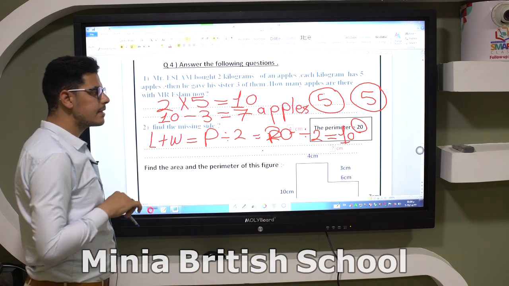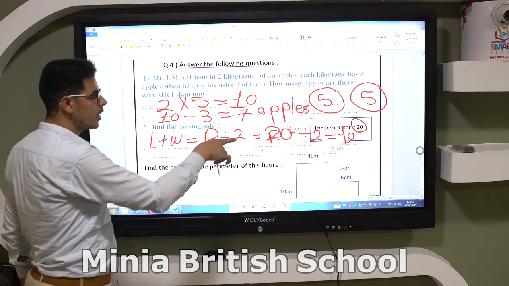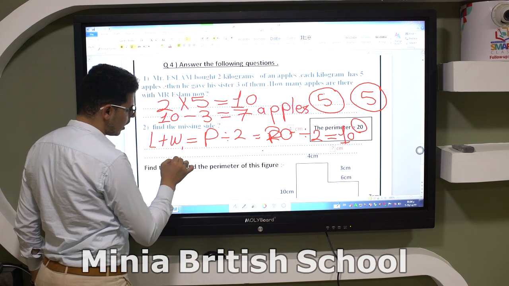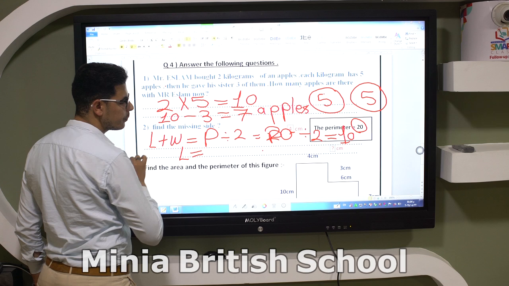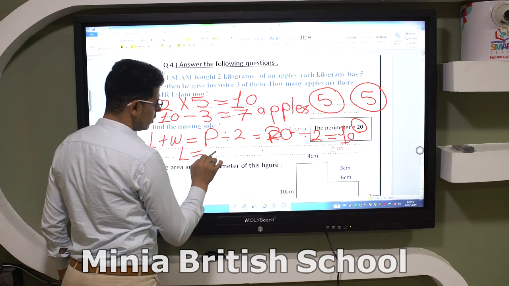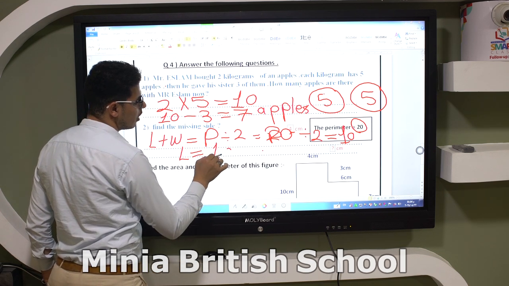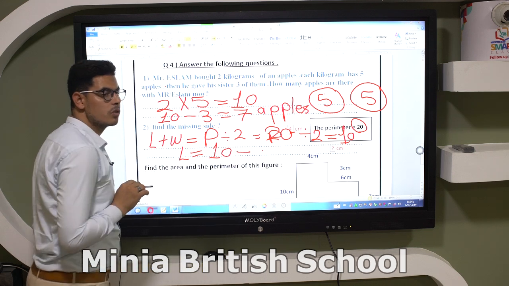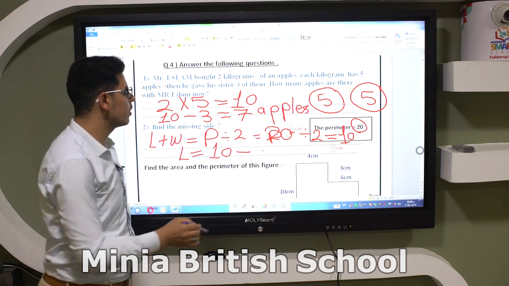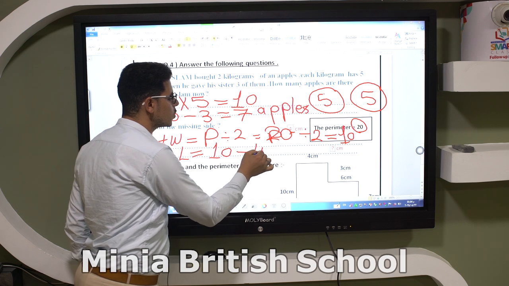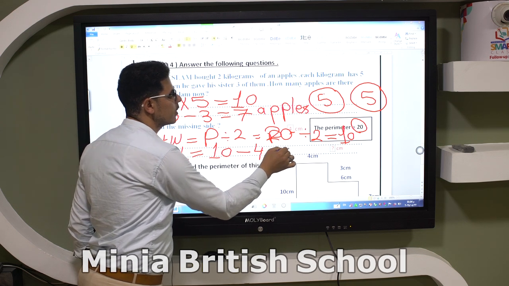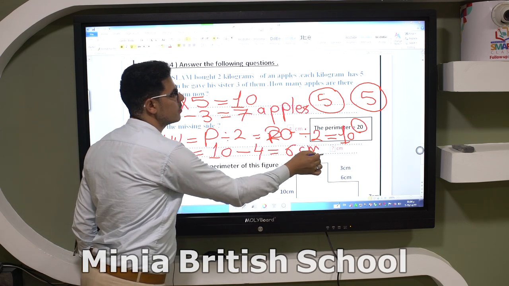Then the next step, here I need the length, so I will write length equals 10 minus what? Minus the width. So it will be 10 minus the width, equals 6 centimeters.